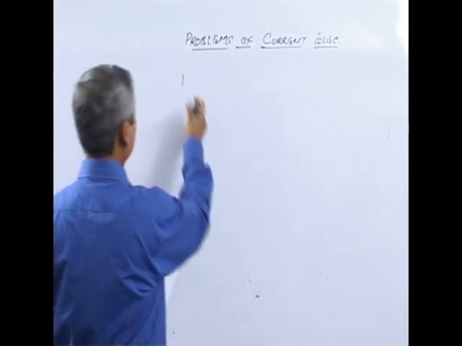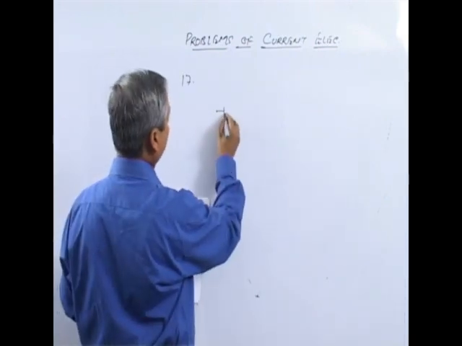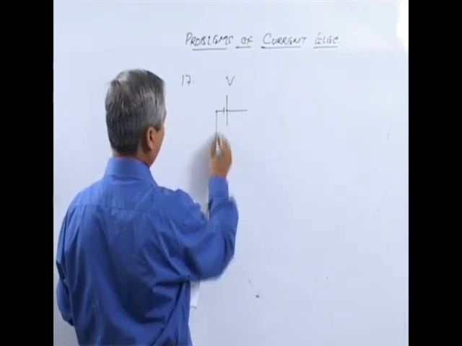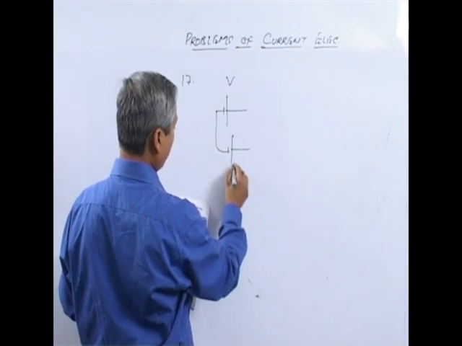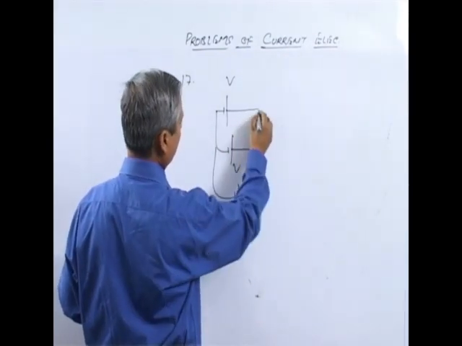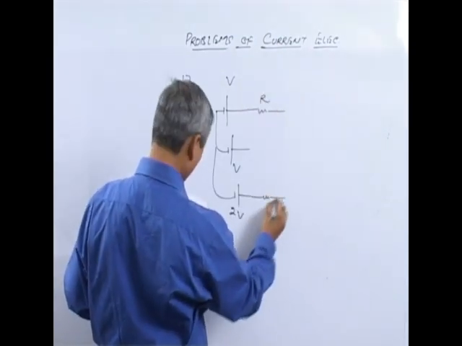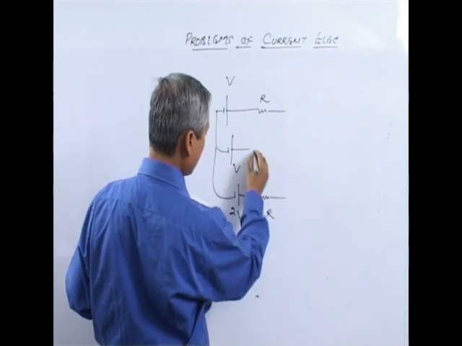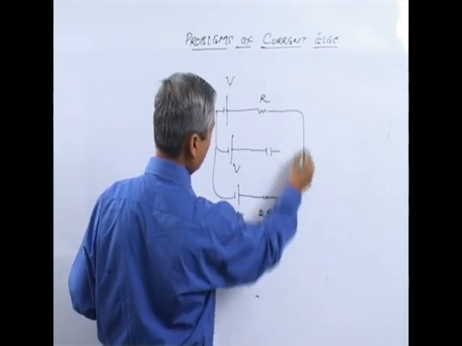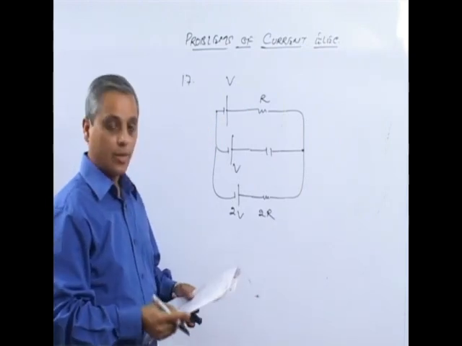Here we have 3 cells, one V volts, the other is again V volts, and the other is 2 V volts. The upper branch has a resistance R, the lower branch has a resistance 2R, the middle branch has a capacitor, and then we have to find out the potential difference across C.